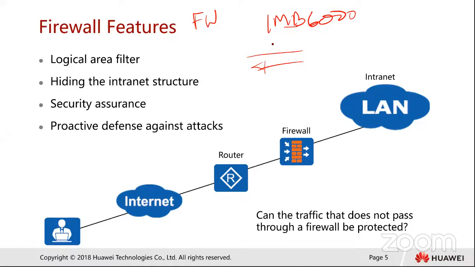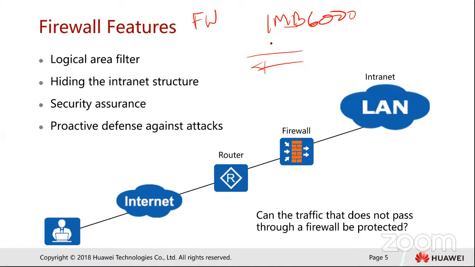Therefore, a firewall not only protects the security of an intranet on the internet, but also protects the security of hosts on the intranet. All computers in the same security zone configured on a firewall are considered to be trustworthy, and communications between them are not affected by the firewall.